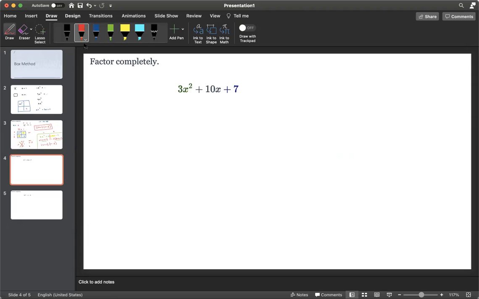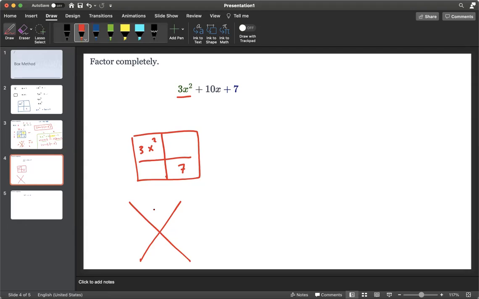Let's try another example. My a is 3, so we're going to draw the box. We fill the box in with ax squared, 3x squared. C, which is going to be 7. We have 2 empty spots, so we're going to use our x to help us figure out what goes there.